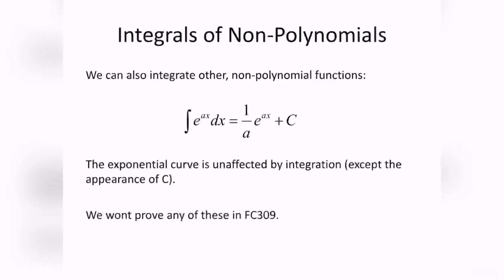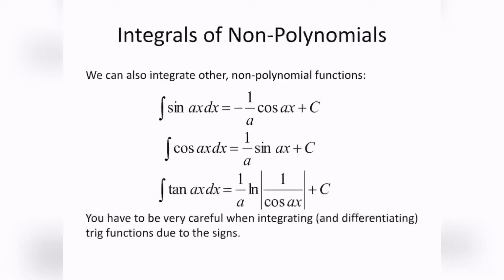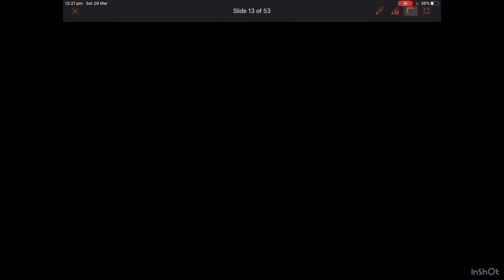Just as a reminder, if we have the integration of x squared plus 3x dx, we add 1 to the power, so it's going to be x to the power 3 divided by the new power, which is 3, plus 3x squared divided by 2 plus c.